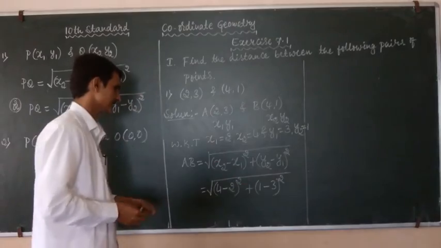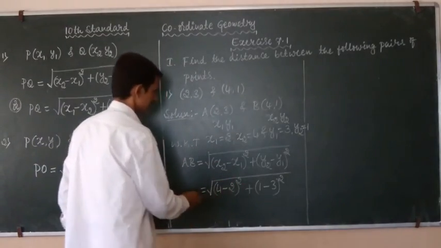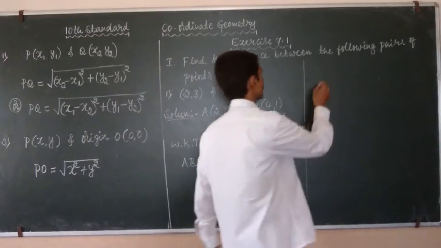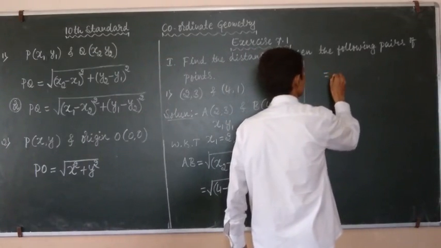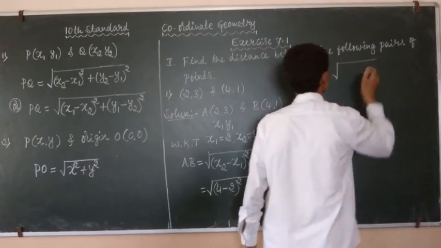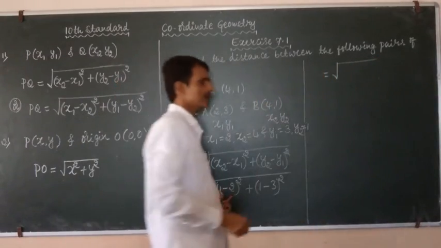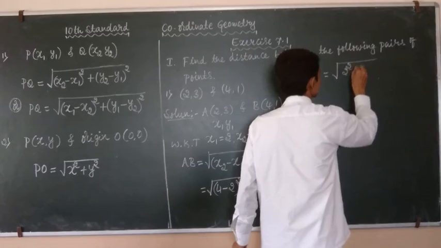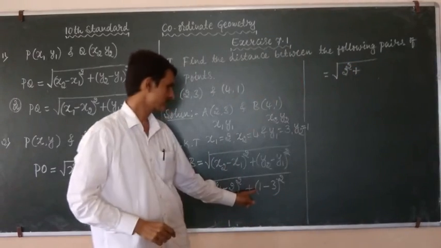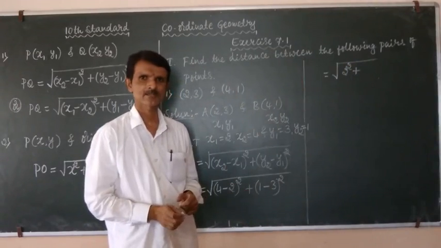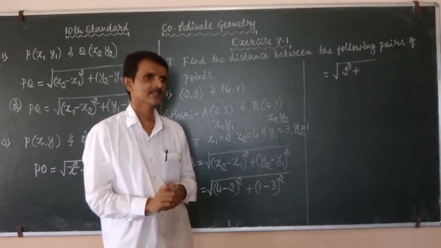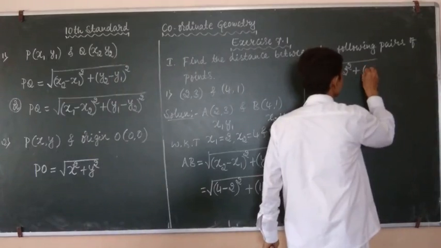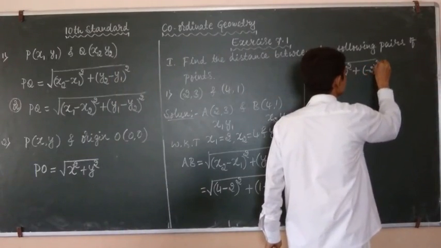Now we will simplify. Observe here, if you subtract 4 minus 2, the value is 2. It will be equal to root of 2 square plus, observe here, 1 minus 3. 1 minus 3 means its value is again 2, but it is minus 2 whole square.